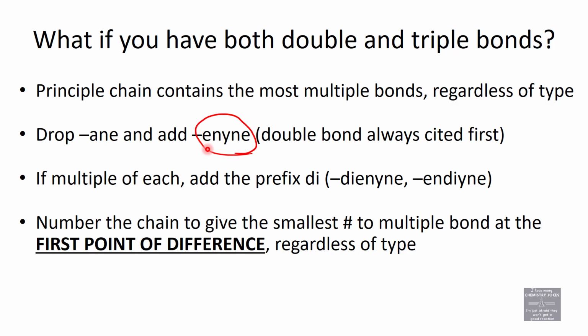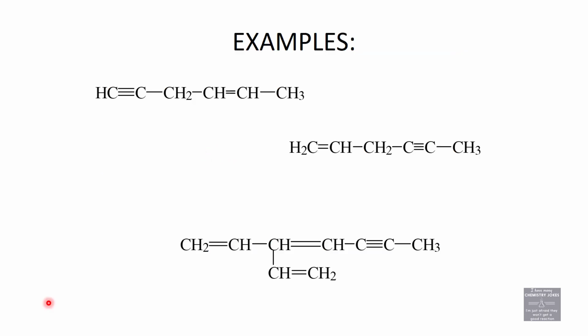Let's do an example to see if that means anything to you. Here's some. I have an alkyne and an alkene here, but I'm just aiming at finding the longest chain with the most multiple bonds and giving all the substituents the lowest number possible. So I'm going to have a 1 and a 4 substituent if I number it this way. So it's a hexene-yne.